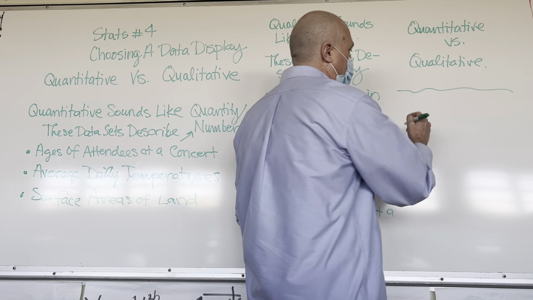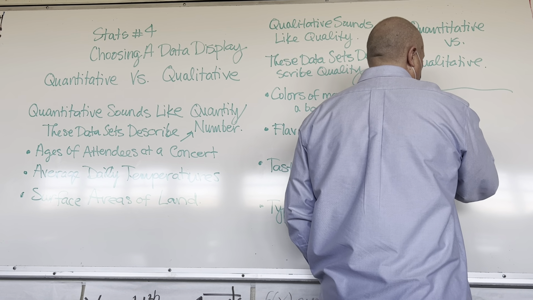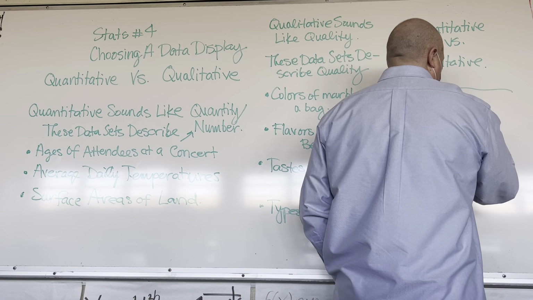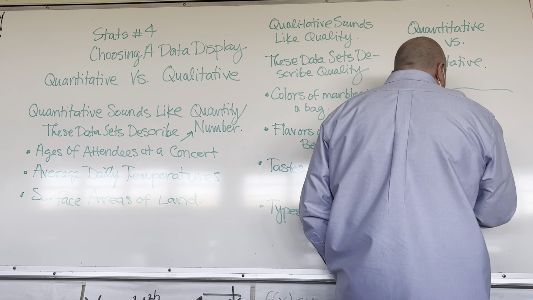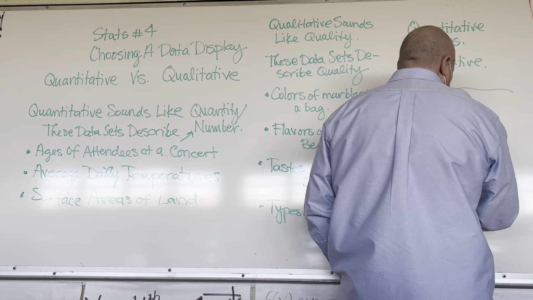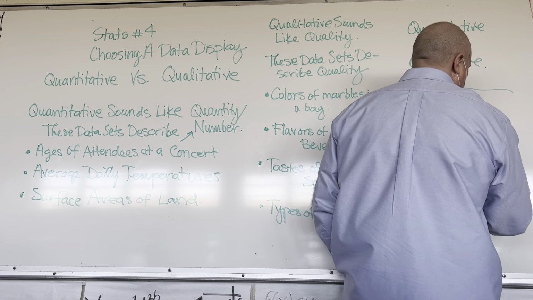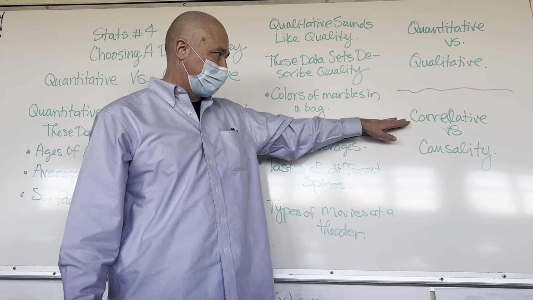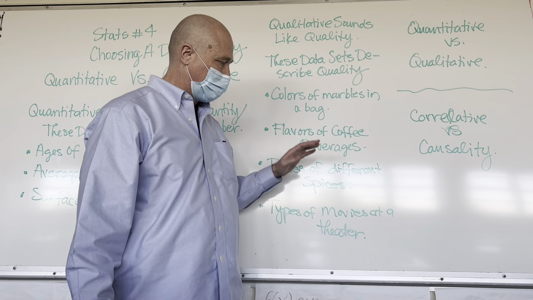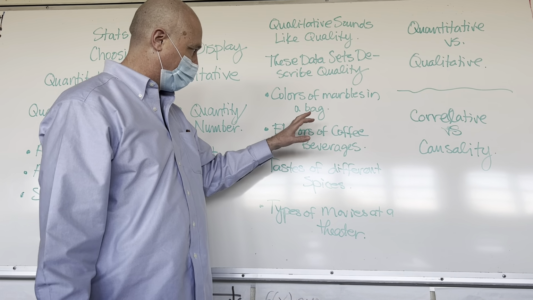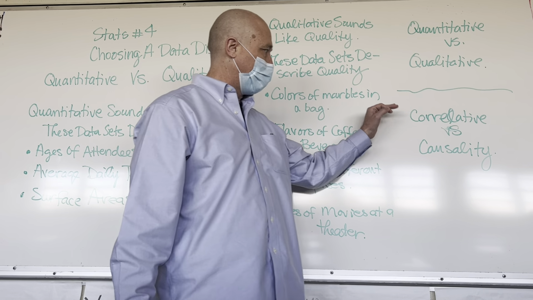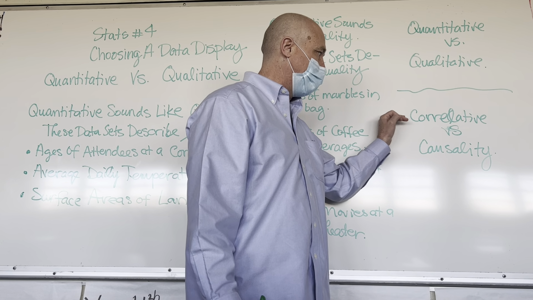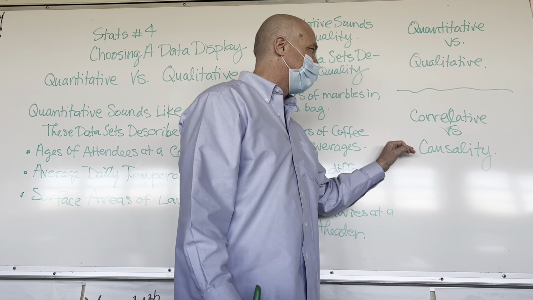This idea of correlation versus causality, right? So notice, as he's rolling through this research process, turning qualitative ideas into quantitative ideas, and now trying to correlate and or establish causality.